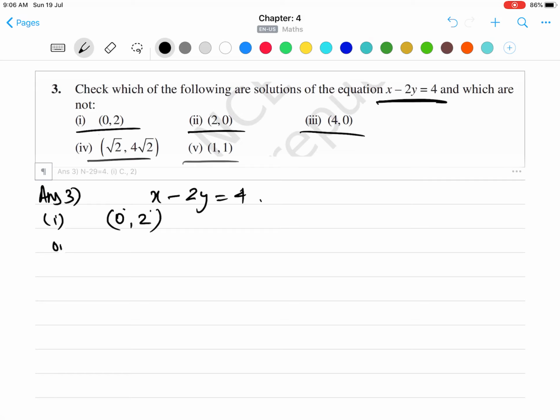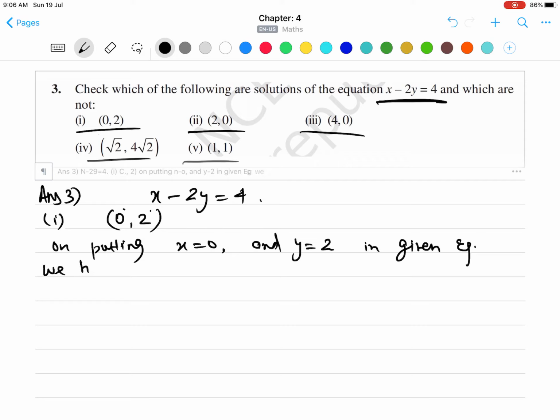So write, on putting x equals 0 and y equals 2 in the given equation, we get, at the place of x we write 0, and at the place of y we write 2.